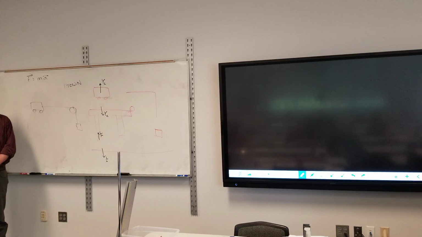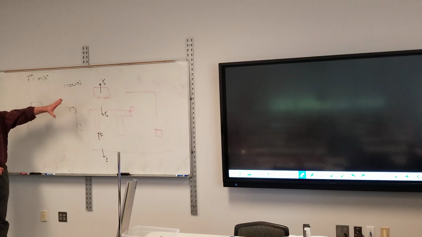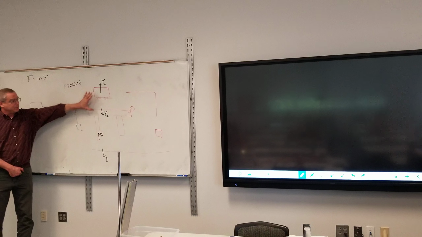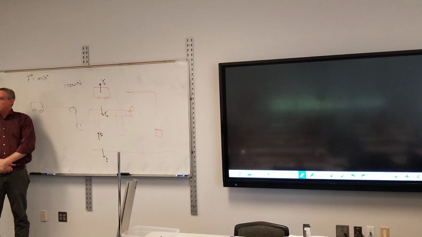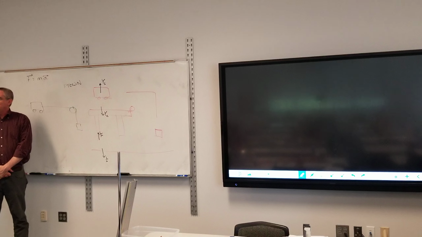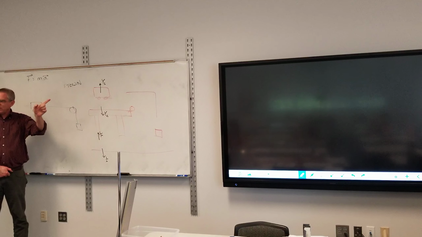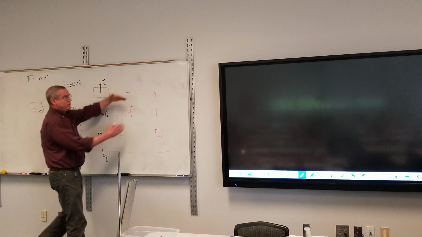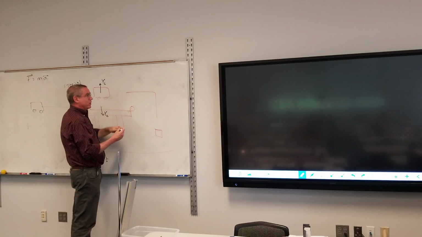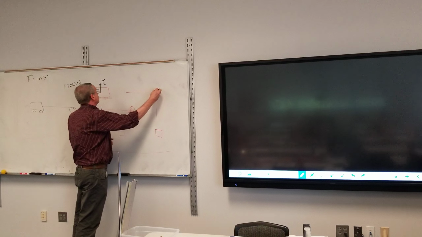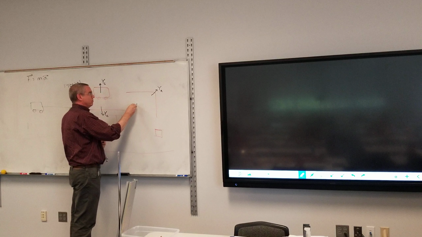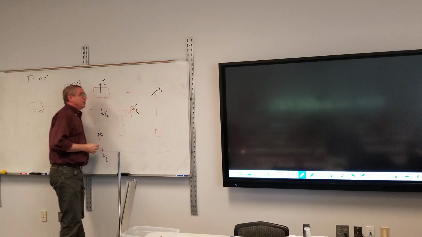Normal forces, when I draw them in relative positions like this, will always be opposite each other. They will always point away from each other. So the pulley acts that way and the rope that way. There's a reason the rope is bent like that as opposed to straight down. So I've got this normal force acting this way, we'll call it Y sub R, and then this way on the pulley.